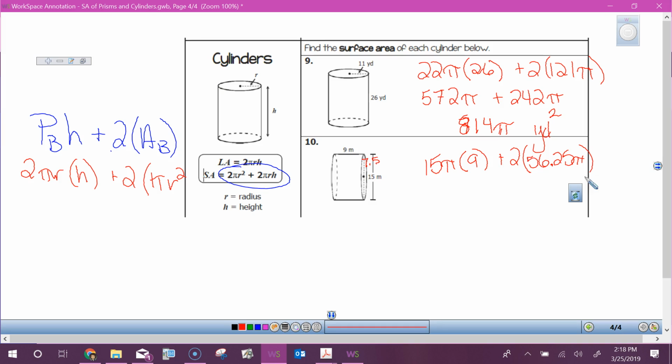So help me out. 15 times 9? 135 pi plus 112.5 pi. And I get 247.5 pi meters squared.